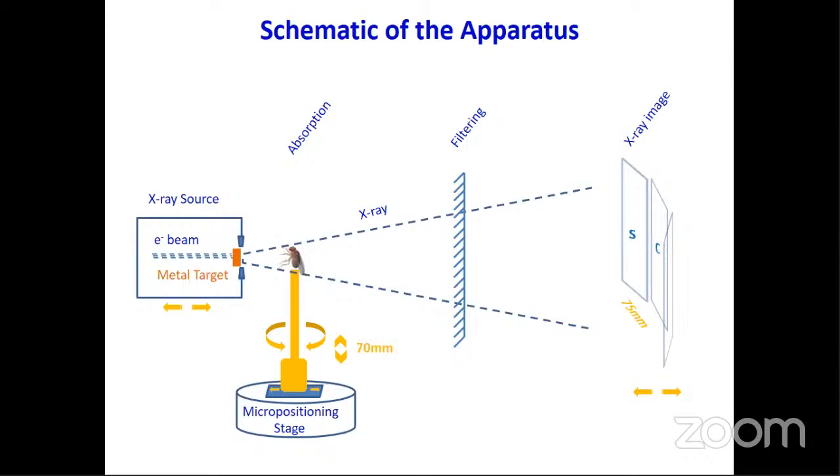For example, high-density samples like bone or some metal-coated biomaterial or composite material require higher X-ray energies to penetrate the tissue, and require filtering as well. For that purpose, we have 6 position filters, selected according to the sample requirements. Then the X-ray image falls onto a cooled CCD camera, going through a scintillator.